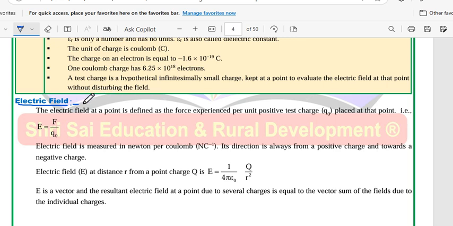See, this electric field was historically discovered by a scientist called Faraday. This electric field is introduced by a great scientist, that is Faraday.